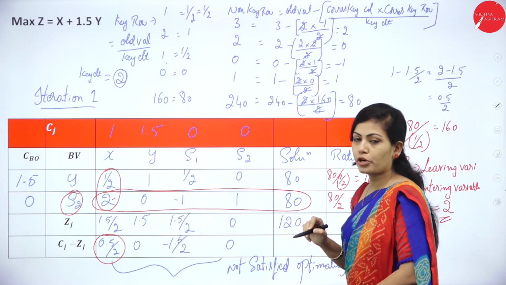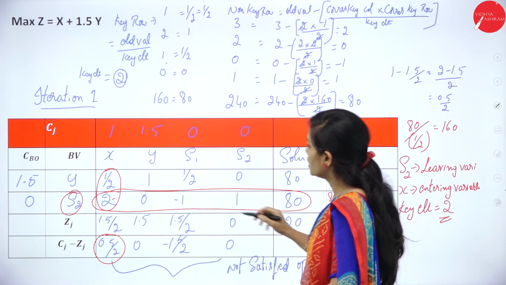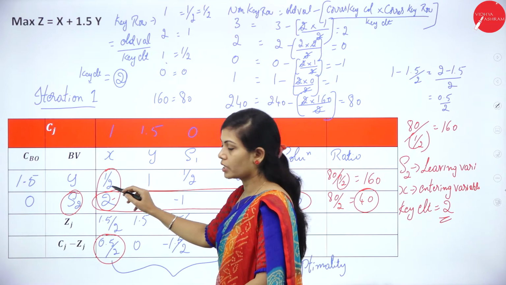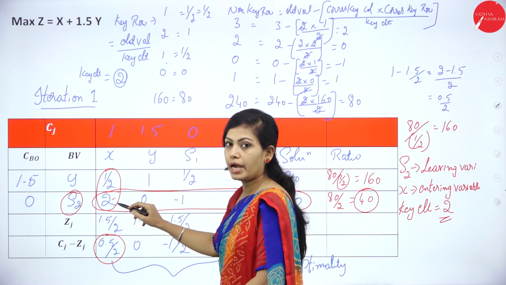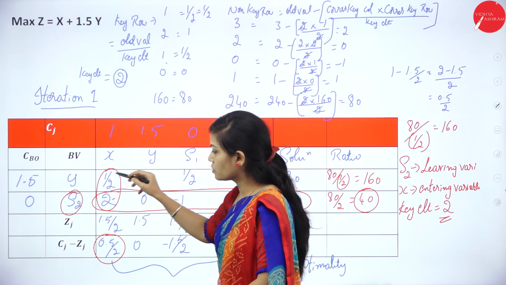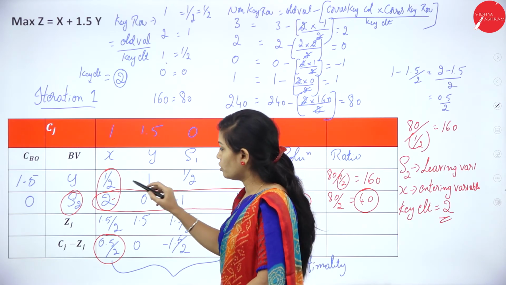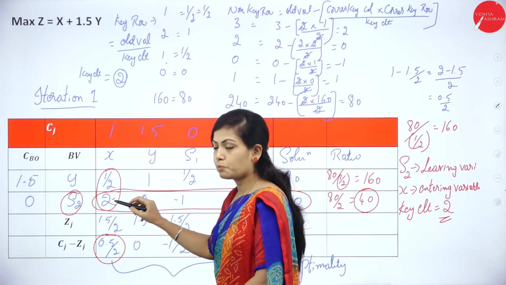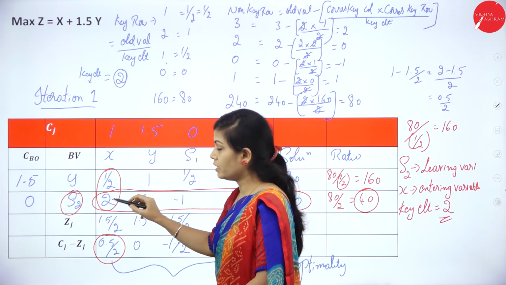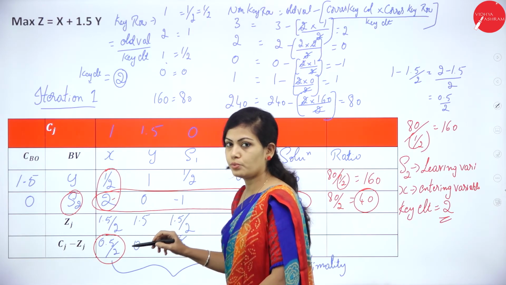Now find the corresponding key column element and key row value. Old value is 1 by 2, corresponding key column is 1 by 2 and the corresponding key row is 1.